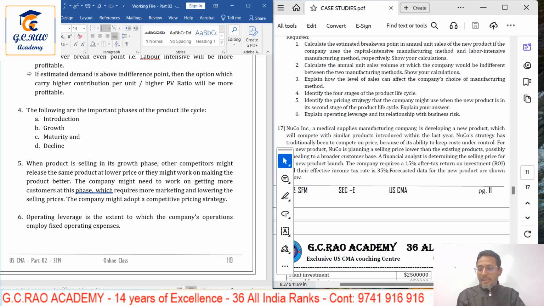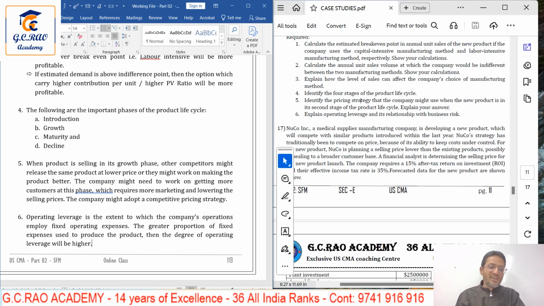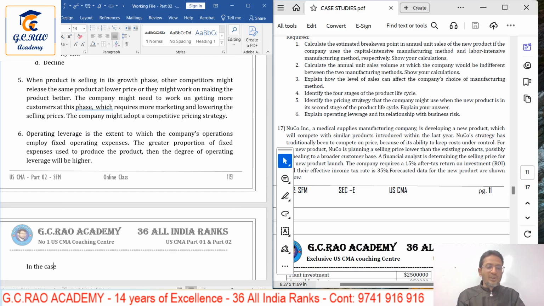The greater the proportion of fixed expenses used to produce the product, the degree of operating leverage will be higher.